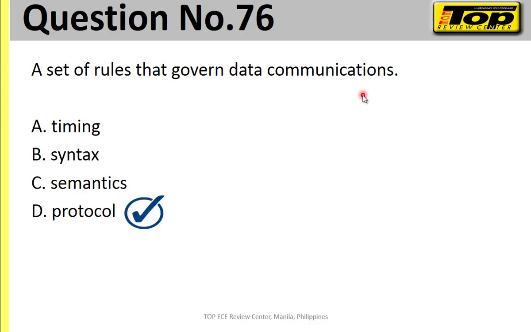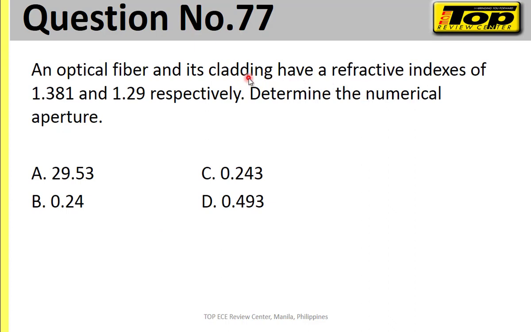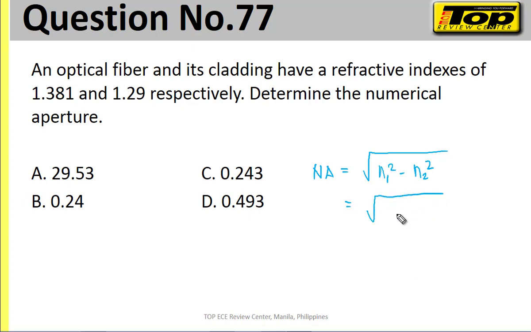Letter D. 77. An optical fiber and its cladding have refractive indices of 1.381 and 1.29 respectively. Determine the numerical aperture. How do we get its numerical aperture? That is the square root of n1 squared minus n2 squared. It's direct substitution. Right? And this is equal to what?